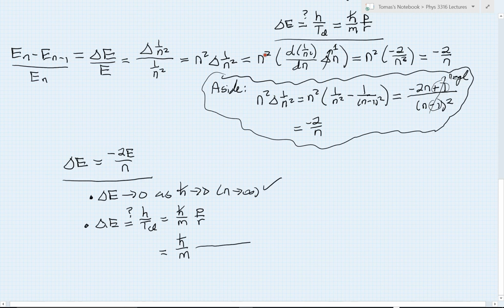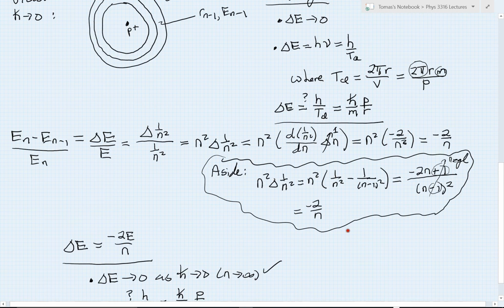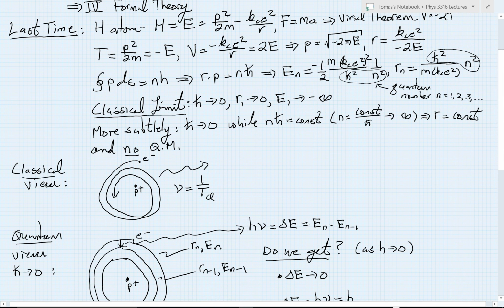So I think I can remember that. I had in the numerator the square root of minus twice the mass times the energy. And in the denominator, I had the Coulomb pieces, Coulomb's constant e squared, divided by minus 2E. I think I got that second part right. Maybe we better check it. Where is it? Right here.